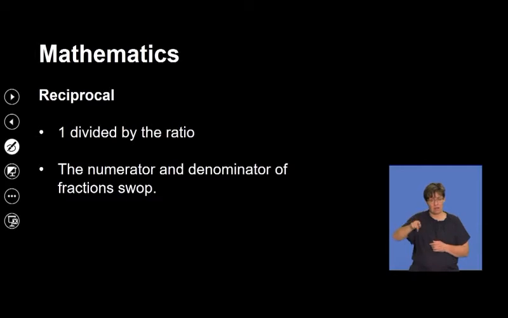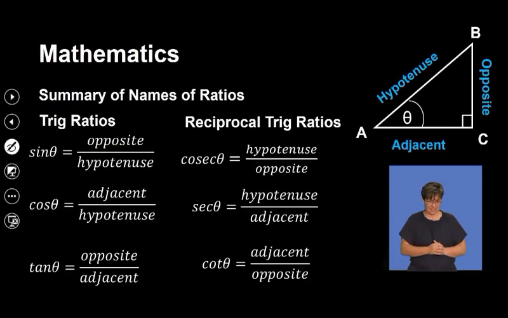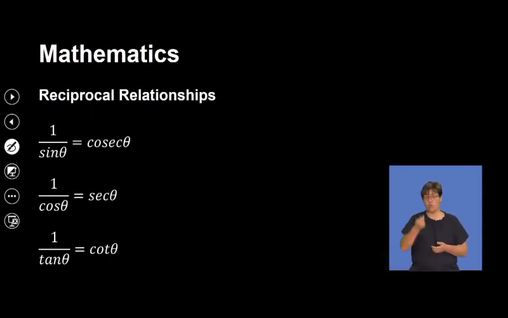And a reciprocal will be 1 divided by the ratio, and then the numerator and the denominator of the fraction swap because of the 1 divided by. But let's see exactly what this means. You can see from what I spoke about with the summary, trig ratios here, and reciprocals there. Now, with a reciprocal, you can see it's 1 over sine theta.